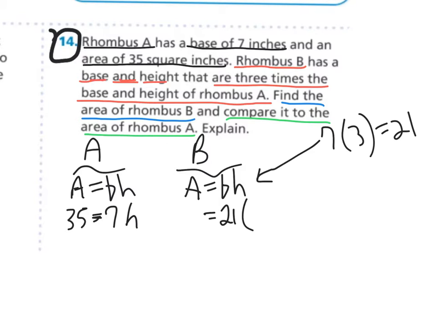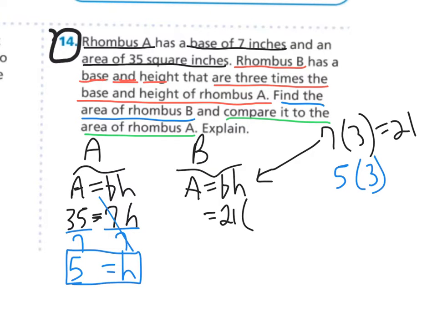So the height now I need to find. So from that first equation, we can see again they're multiplying by 7. Means we need to divide by 7. And 35 divided by 7 is 5. So the height on A is 5. On B, it's 3 times that. So 5 times 3 would be 15 would be my height on B. So if I want to find the area here, we need to multiply 21 times 15.